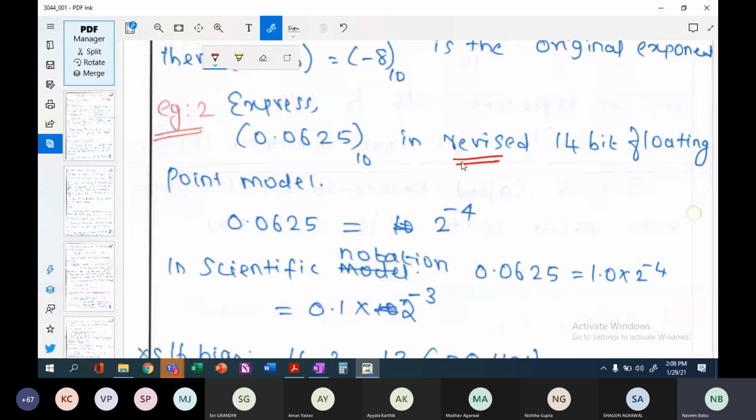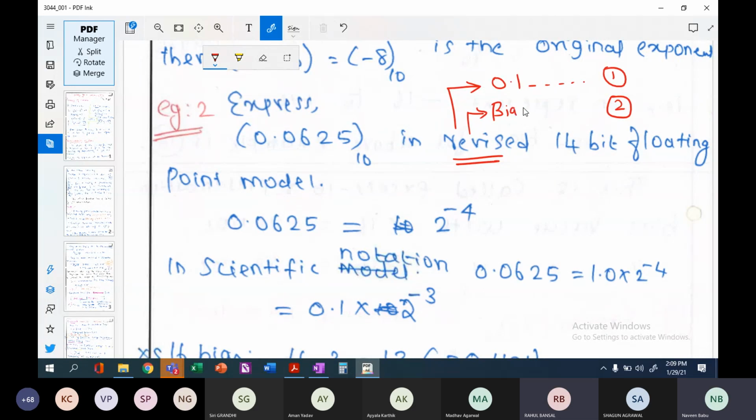Whenever we say revised, please note that this revised includes your number must always start from 0.1 something. This is the first revision. Second revision is biasing.